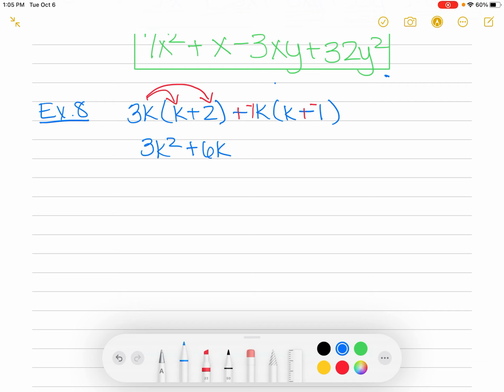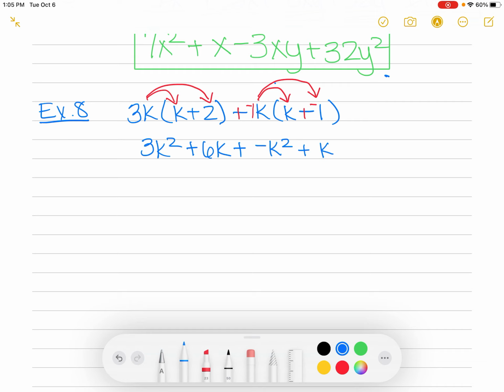And then I go over to this next section, and I do negative 1k times k is a negative k squared, or negative 1k squared. You can write negative 1. And then my last one is negative 1k times negative 1, which makes it a positive 1k. Okay, I don't put ones in front of it, but you can write the ones if you need to.